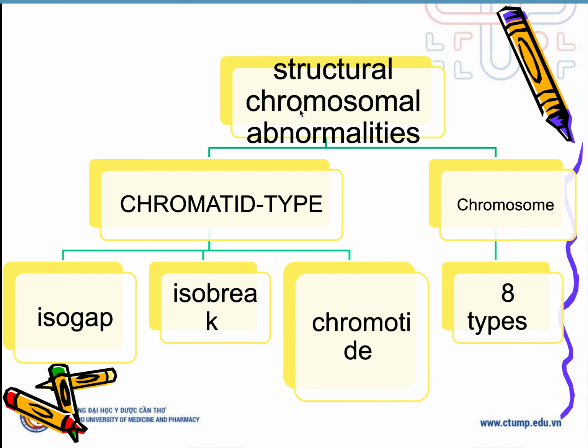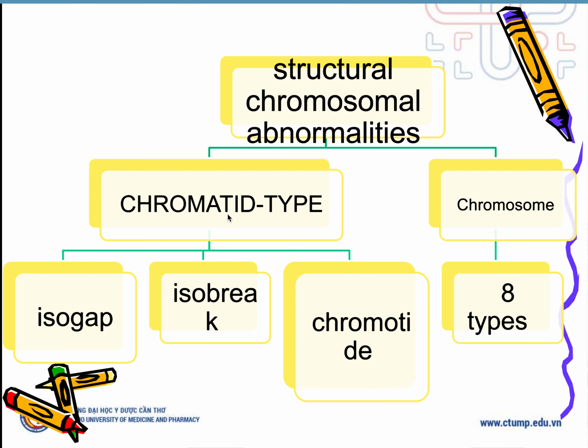For structural chromosomal abnormalities, we have 2 main groups. The first one affects the chromatid type, and the other group affects the chromosome. What does that mean? That means the chromatid type affects from S phase until metaphase, where they have the duplicated chromosome.